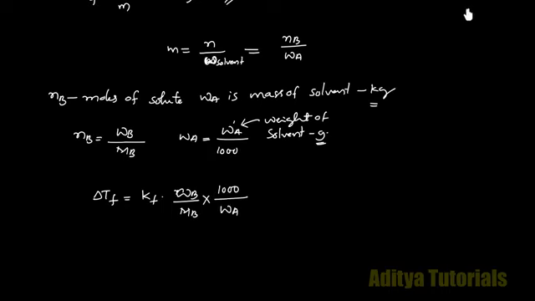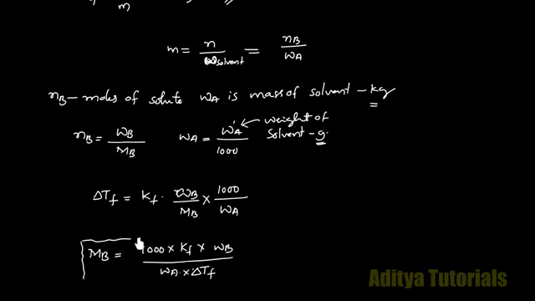And therefore we get MB is equal to 1000 into Kf into WB, divided by WA into delta Tf. This is the formula we use for the calculation of the molecular mass of the solute dissolved in a given amount of solvent.